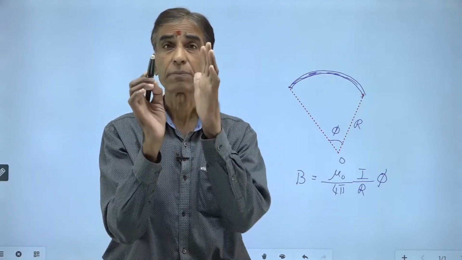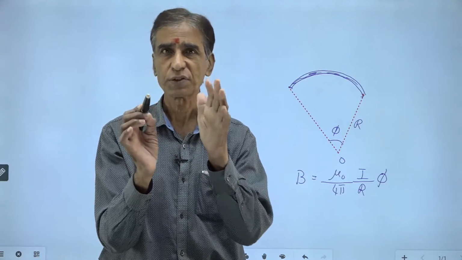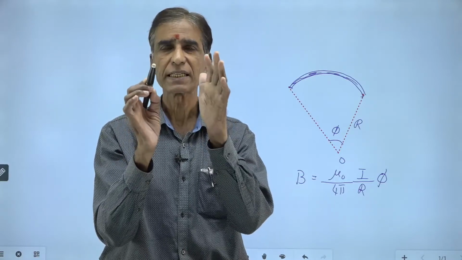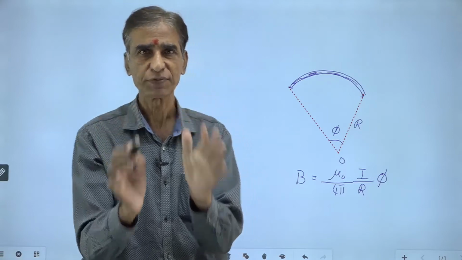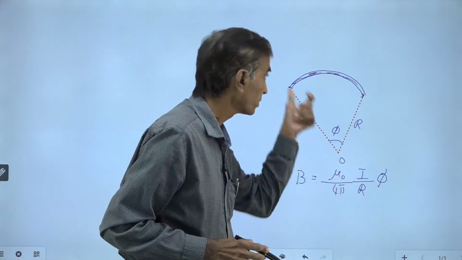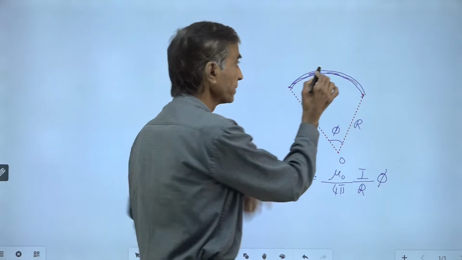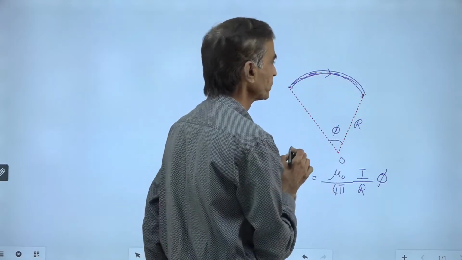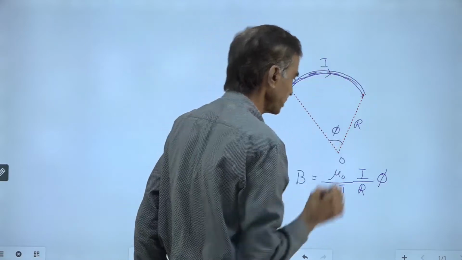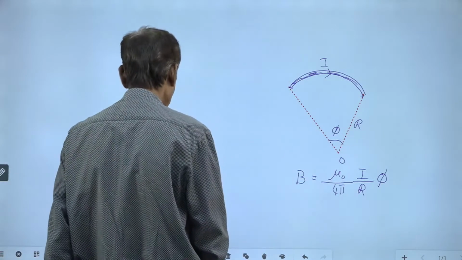Arc means a part of the loop. If we want to find the magnetic induction or the magnetic field at the center due to an arc of a circle carrying a current, where I is the current carried, then this is our generalized formula.